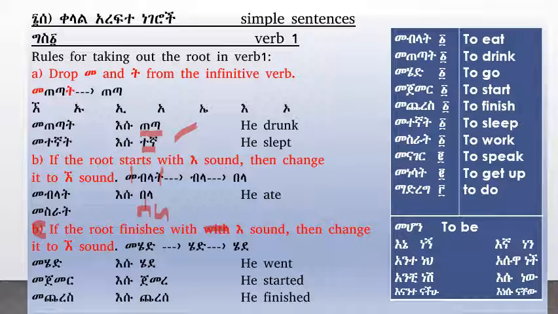But we don't want that, so it has to change to ሄደ. መጀመር, we don't need me, እሱ ጀመረ. መጨረስ, እሱ ጨረሰ.